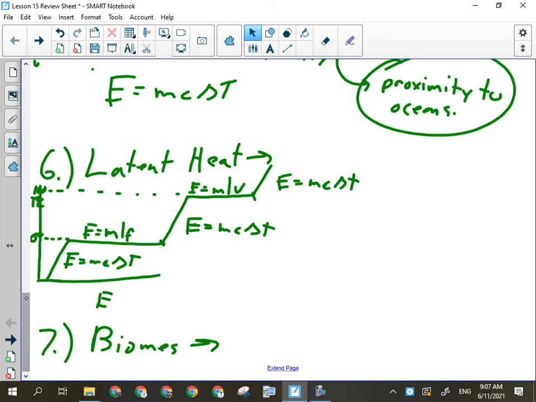Question 7 is the heat capacity problem. Question 8 is the latent heat problem, so the heating curve question.